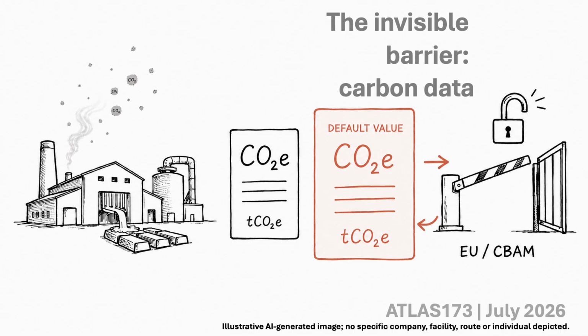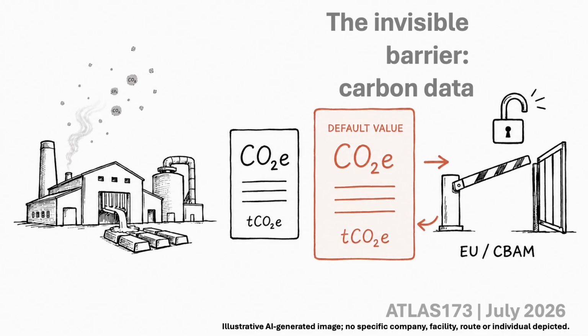Producers without reliable monitoring, reporting, and verification systems may have to rely on EU default values instead of their actual emissions. This creates a potential competitive disadvantage. A producer may have relatively low emissions, but still be unable to prove it. Under CBAM, the capacity to measure carbon becomes part of industrial competitiveness.